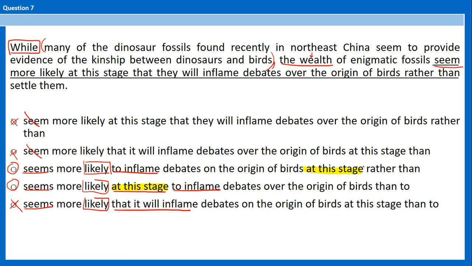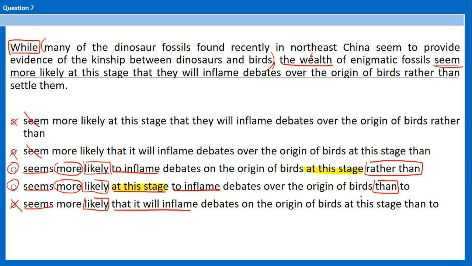Also, there is a parallelism issue. Be careful with "rather than" versus "than." If you have the word "more," you need "than."